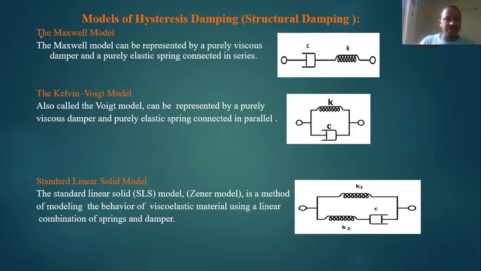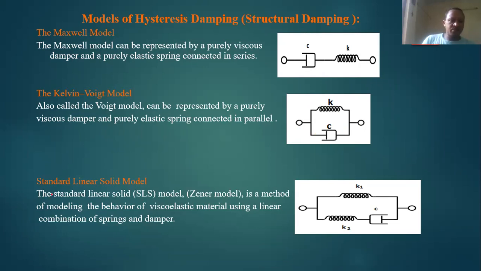There is the Maxwell method. In the Maxwell model, we can observe C and K are connected in series. There is the Kelvin-Voigt method or model. Many scientists model in different ways. In the Kelvin-Voigt model, K and C are connected in parallel.